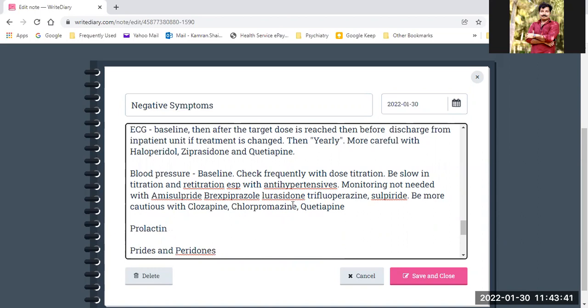We should be cautious of both hypotension and hypertension. If starting or retitrating the medication, always start low and go very slow. In the beginning we check more for hypotension during the titration phase, and towards the end we check more for hypertension.